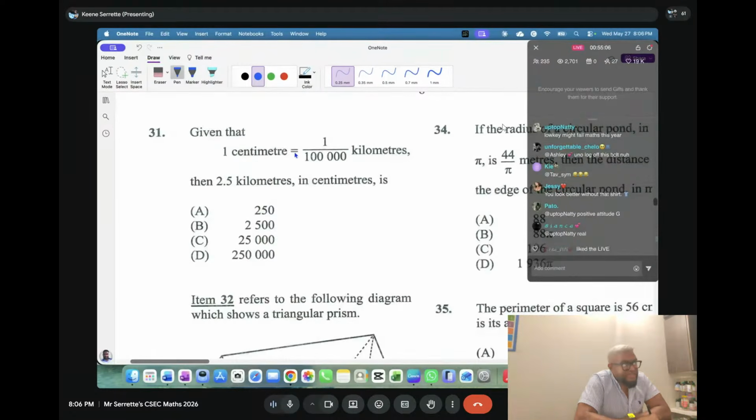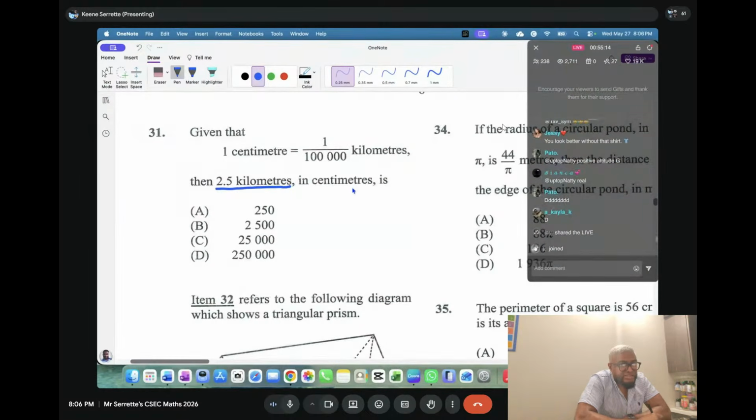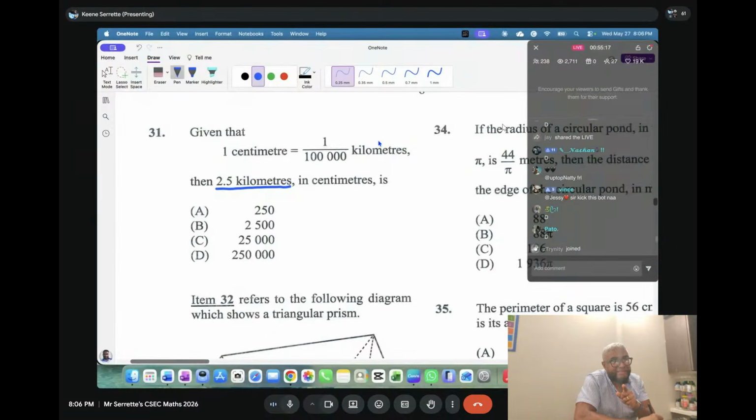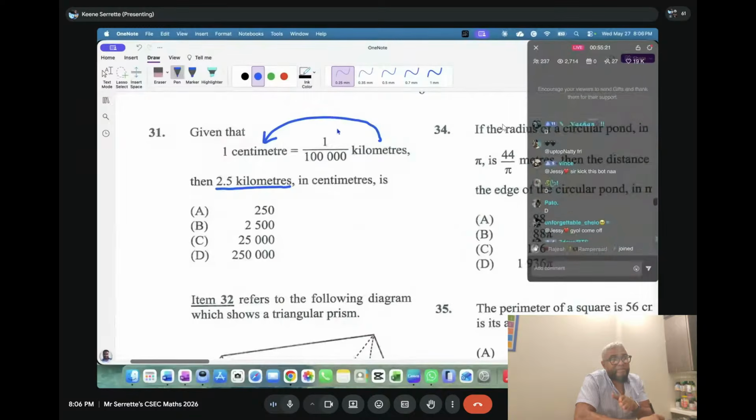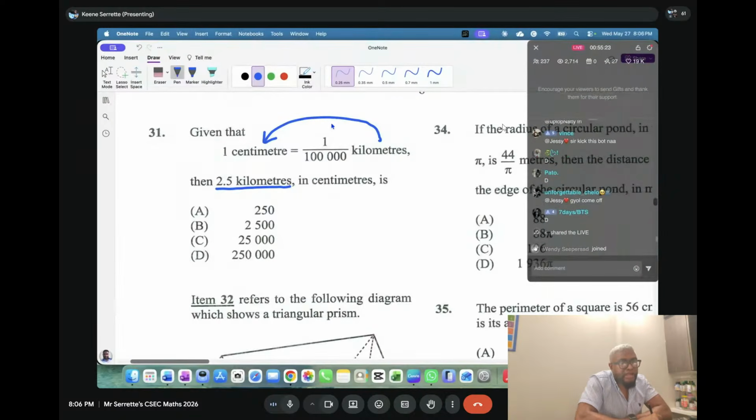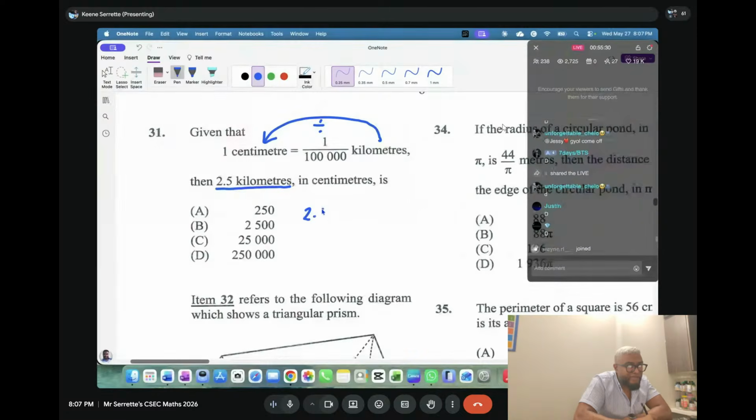So 1 centimeter is equal to 1 over 100,000 kilometers, right? So if I want to change 2.5 kilometers to centimeters, it means I'm going from the right back to the left. Anytime I'm going from the right back to the left, do I multiply or do I divide? Divide. So 2.5 km would be equal to 2.5 divided by 1 over 100,000.